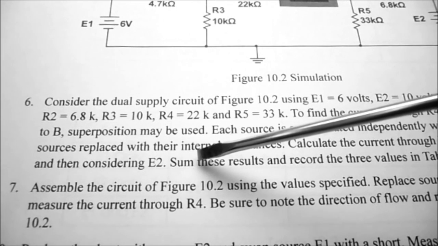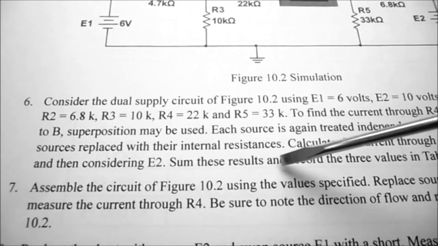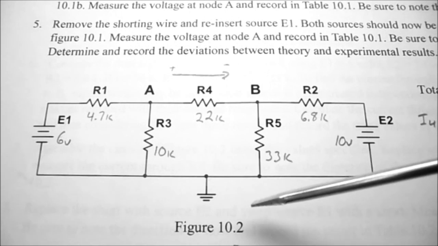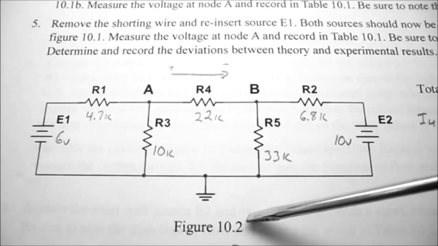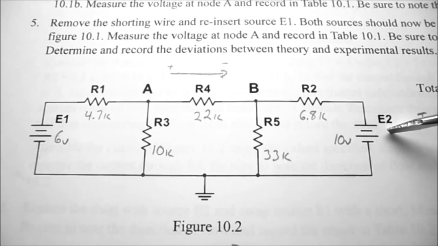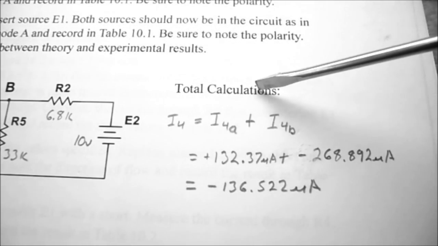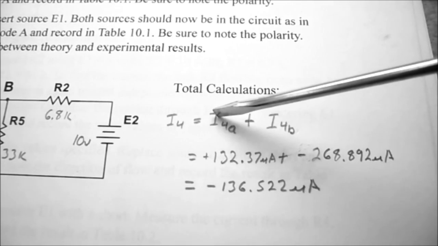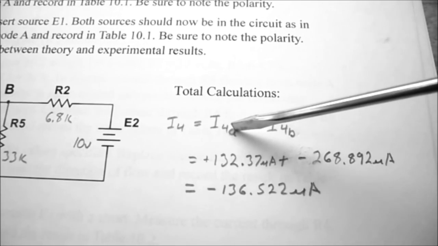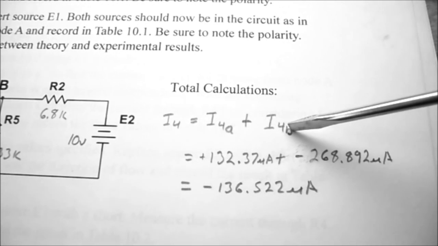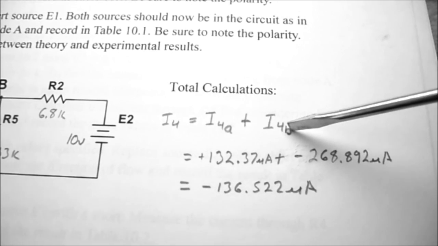So under procedure, step number 6, to finish off, we have to sum these results and record the three values in table 10.2. So to finish off, under figure 10.2, where we have E1 at 6 volts and E2 at 10 volts, under total calculations, I4 is going to be equal to I4A, that's where E2 was shorted out, plus I4B, that's where E1 was shorted out.